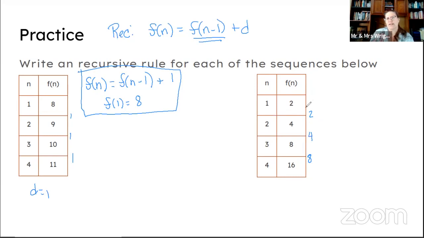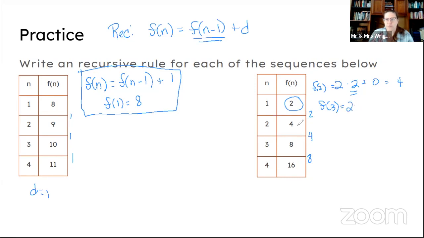So let's start with that and see if it works. We're going to take this previous term right here of 2. 2 times 2 is going to give us 4 here, right? Plus 0 is 4. And then, so that would be, if it's f of 2, our previous term there being 2.